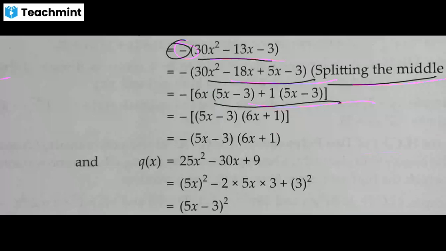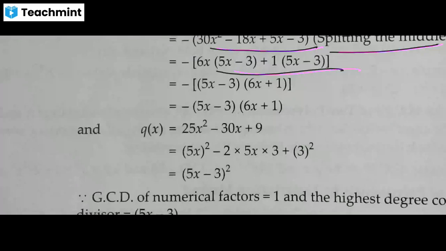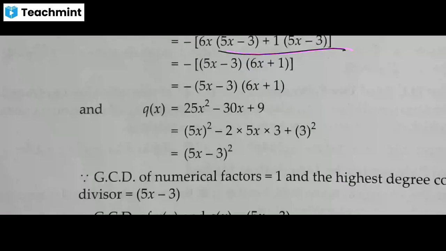So after factorization, we get minus (5x minus 3)(6x plus 1). The minus is outside, okay? You don't forget it. This is one part, the factorization of the first polynomial.